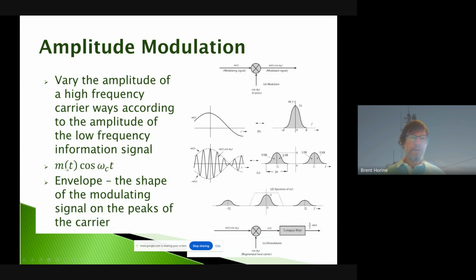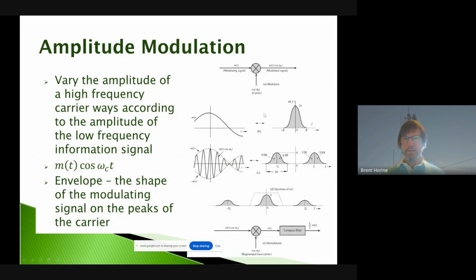Well, that's actually multiplying these two signals together. So we're going to draw that out here with a carrier cosine omega_c t and our modulating signal m(t), and that's going to produce our output, or modulated signal.